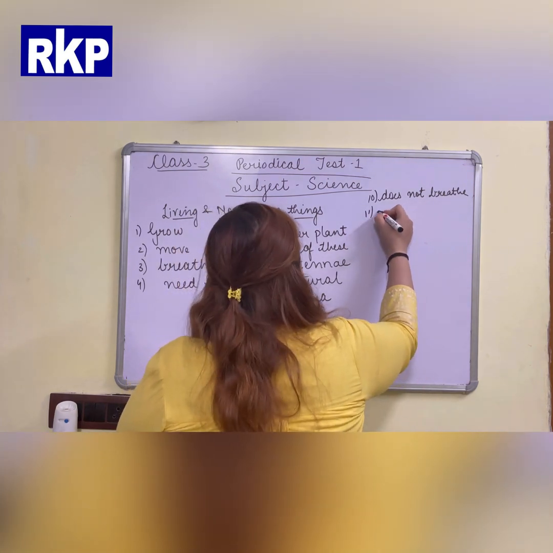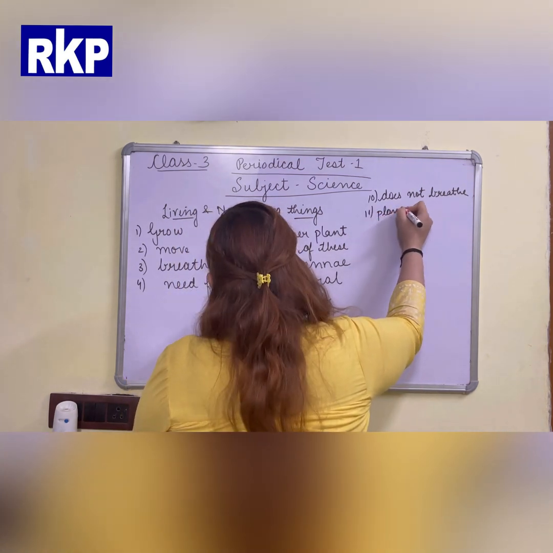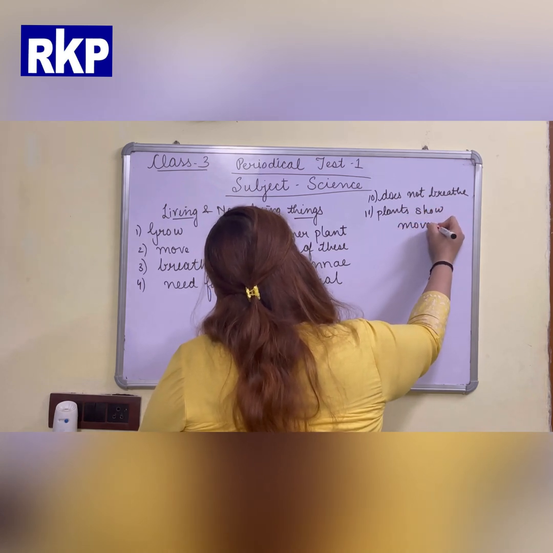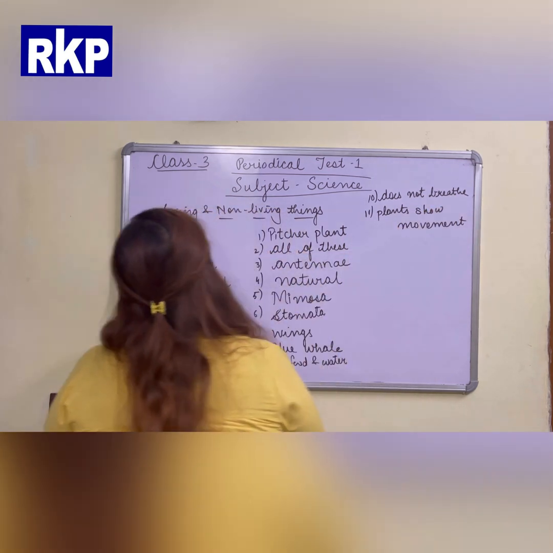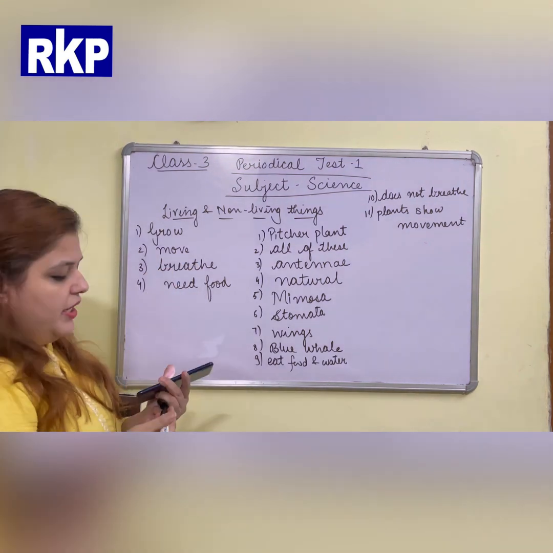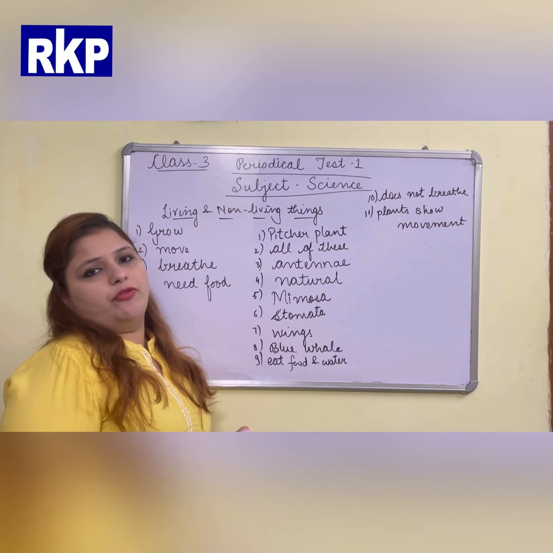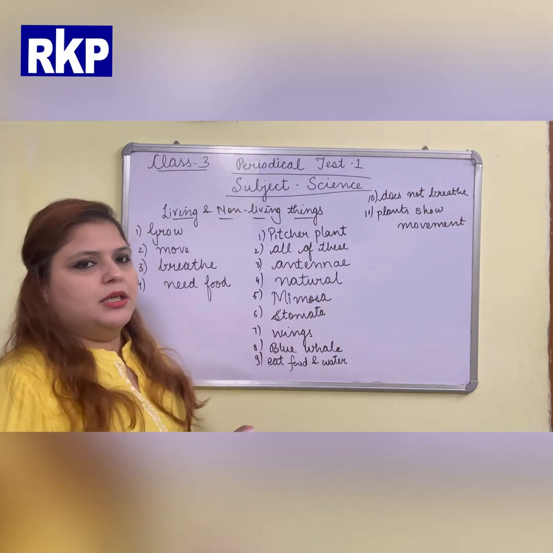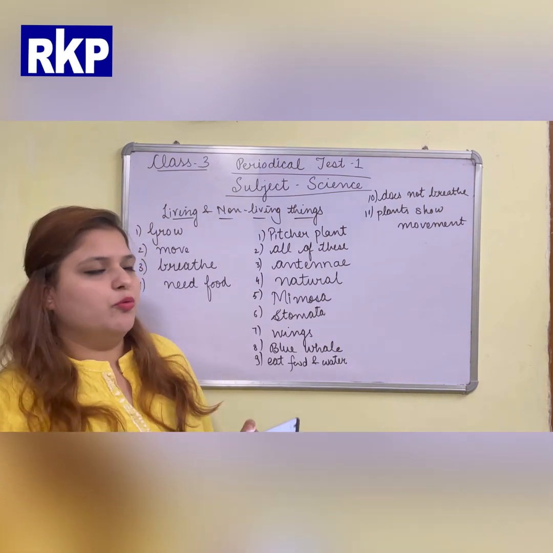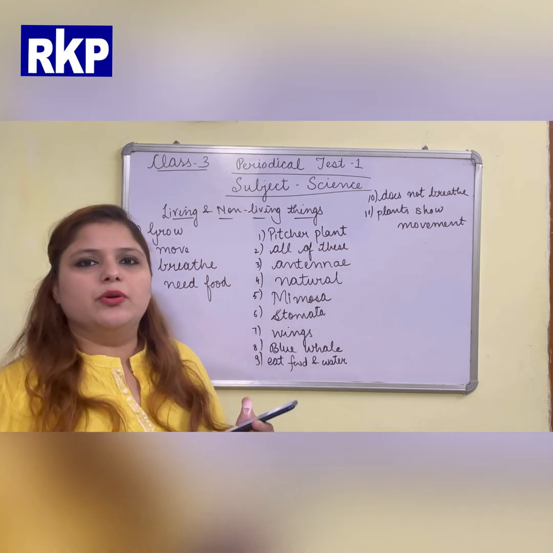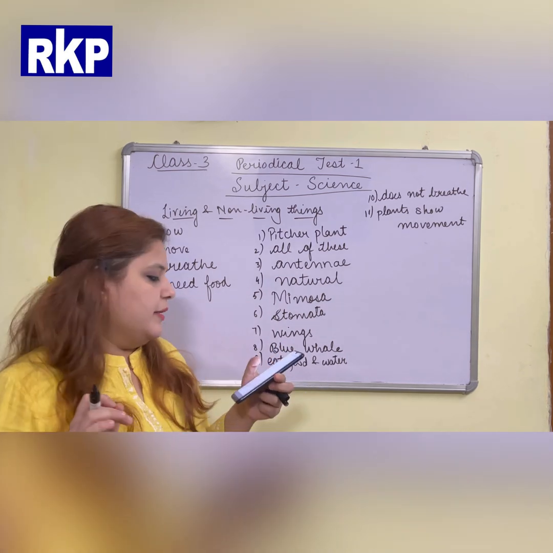It shows that plants show movement. We have done that living things move on their own. Plants are also living things, but they cannot move from one place to another, though they show various types of movements. That is why this characteristic is included in living things.